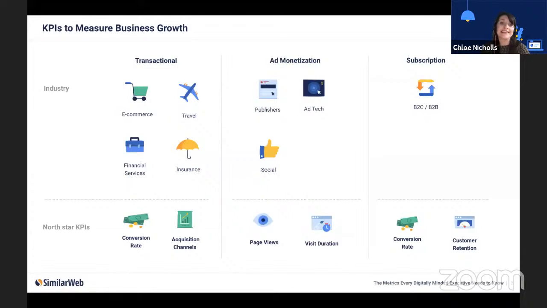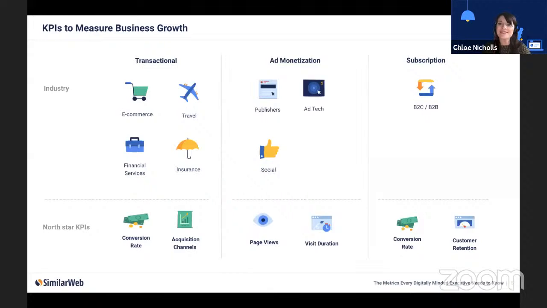And when you're really thinking about aligning your North Star KPIs, it really varies depending on your business model and your objectives. So for transactional, it's looking at those conversion rates and driving up those acquisition channels. For ad monetization, so your publishers and your social platforms, it's all around driving up those page views and increasing time on site.